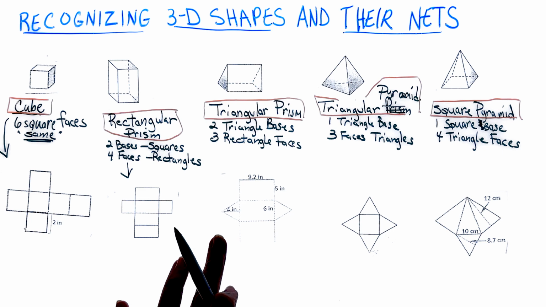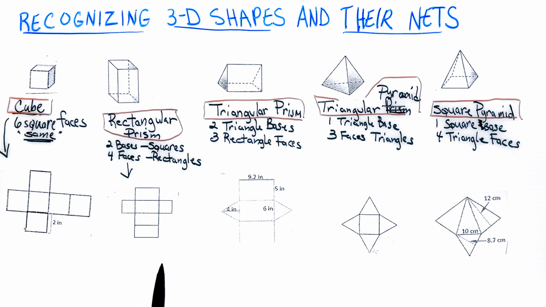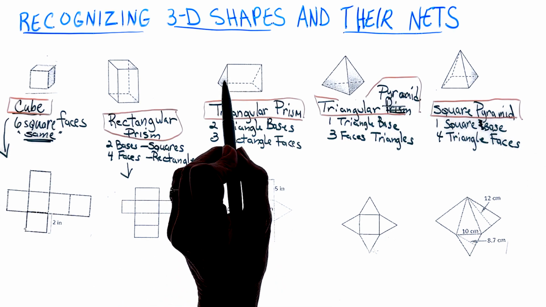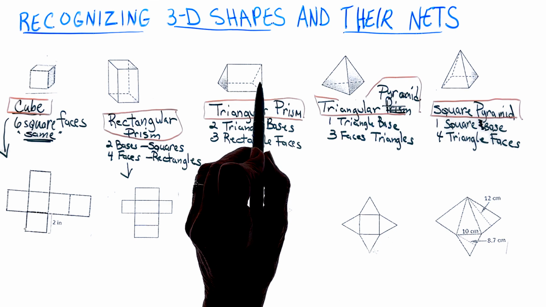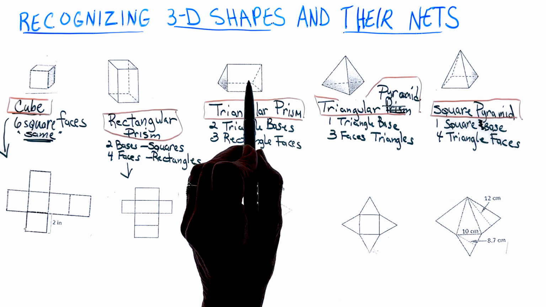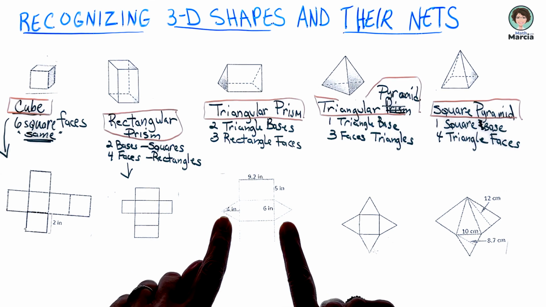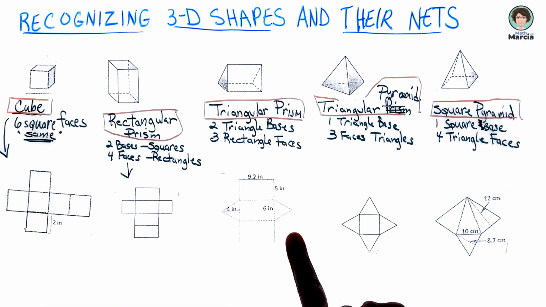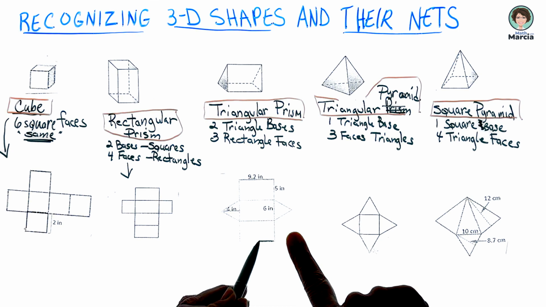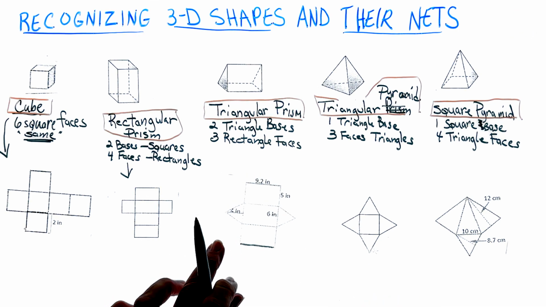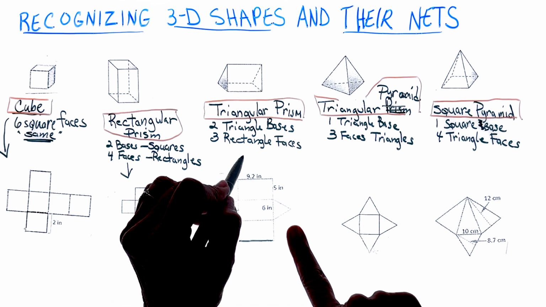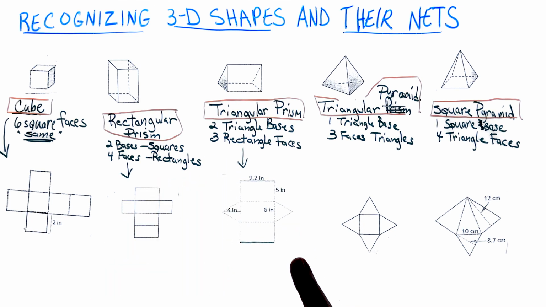Moving this back up, let's see if he finally is a match. I have here a base, those are 2 triangles, and then notice the faces are rectangles, and here they are. Here's my 2 bases, and here are my, I don't know if you can see this, it's very light, my 3 rectangles. So this definitely does go with this net.